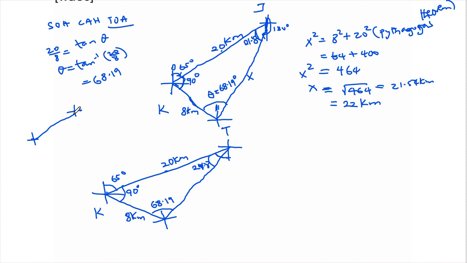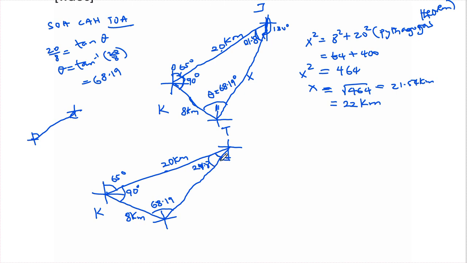We call them alternate angles. Whenever you have two parallel lines like this, and the two lines are joined this way, the angle here must be equal to the angle here. It's always the same. So that's the same thing we have here. So if here is 65, it means that everything here is 65.